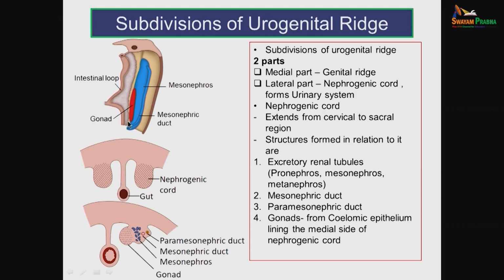So, medially is the gonads, still more lateral to it is the pro, meso and metanephros. Excretory tubules will form in that. Still more lateral to it is the duct which is called as mesonephric duct. Still more lateral to it will be paramesonephric duct, which is not represented in this picture. So, we are focusing on the nephrogenic cord in relation to the development of urinary system.